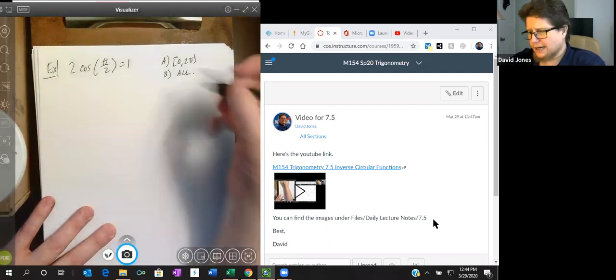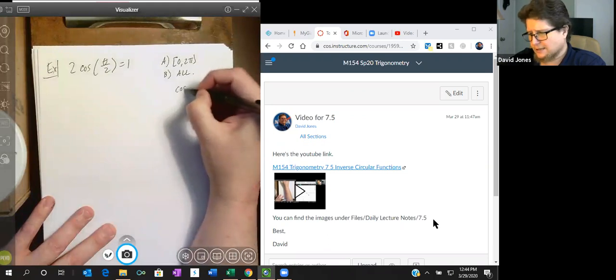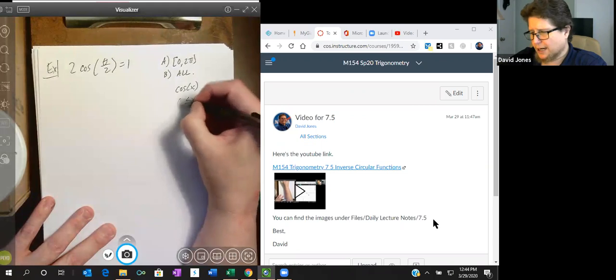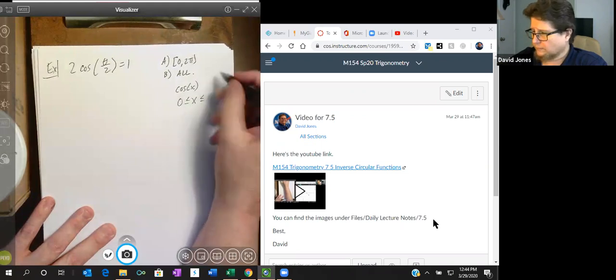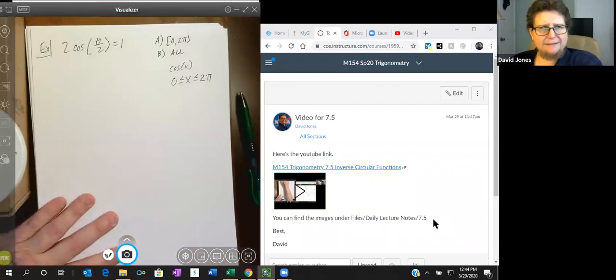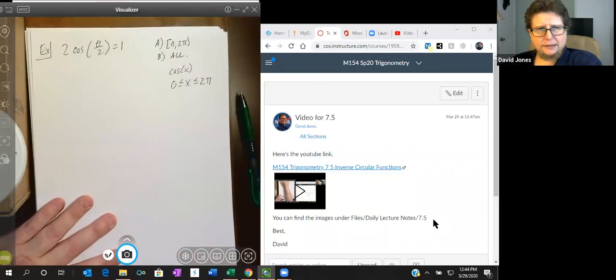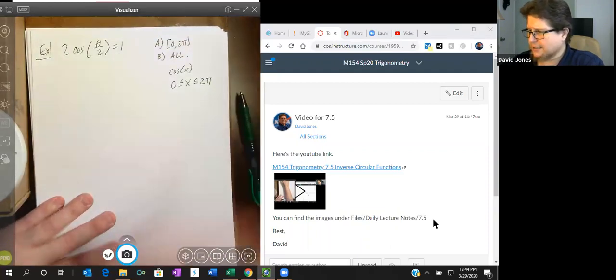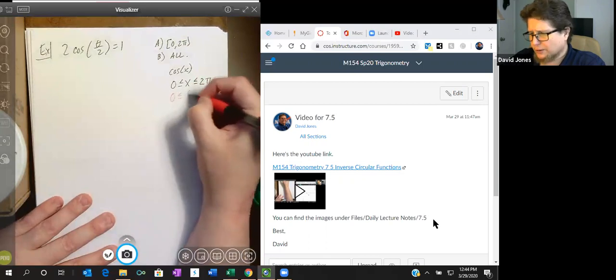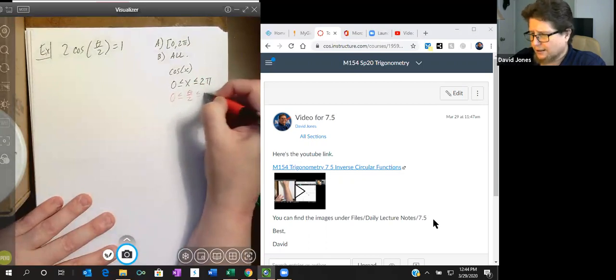So normally when I have cosine x, I want x to be between 0 and 2 pi. But I don't have that here. I have theta over 2. So I'm going to replace that in here. I've got 0 is less than or equal to theta over 2 less than 2 pi.